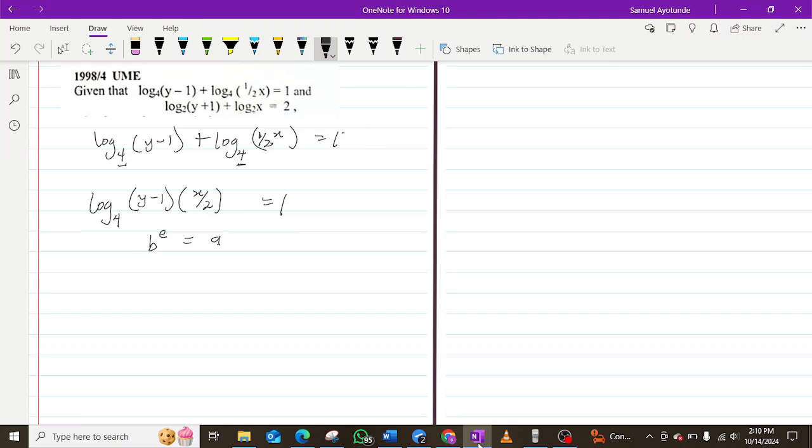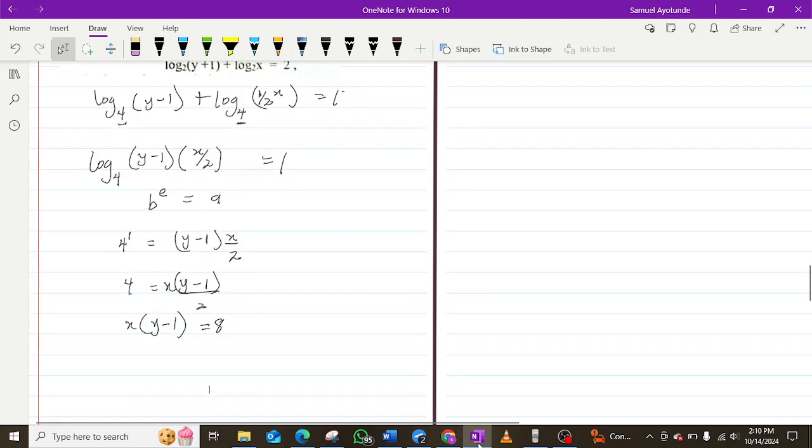So we have 4 to the power of 1 is equal to (y minus 1) in brackets times x over 2. If I multiply this, I have 4 is equal to (y minus 1) times x over 2. So by cross multiplication, I have x in brackets (y minus 1) equals 8. So that's for the first equation.